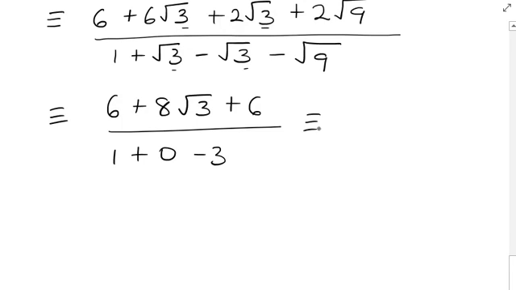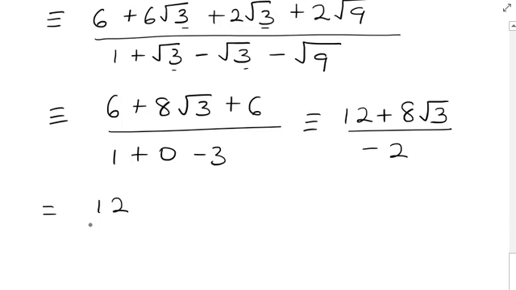So we can write this as 6 plus 6 is 12. So 12 plus 8 root 3 all over 1 minus 3 is minus 2. So we can simplify further by rewriting it as 12 divided by minus 2 plus 8 root 3 divided by minus 2.